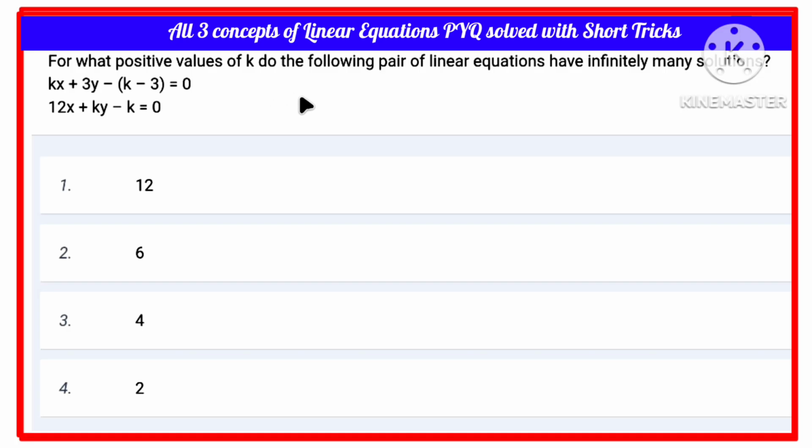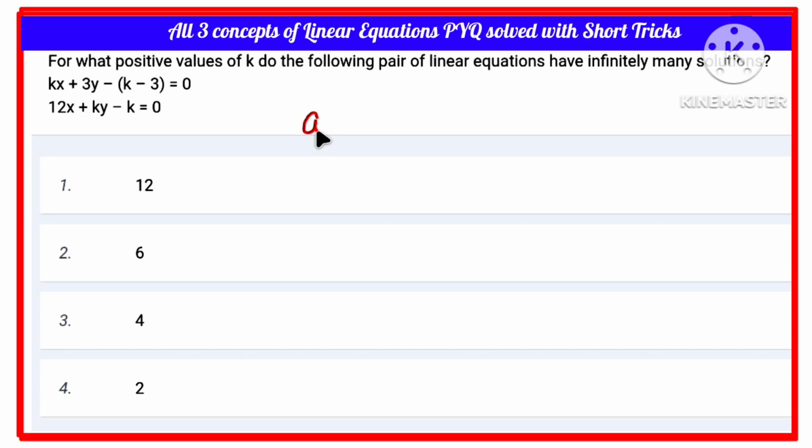In that case, if we consider two linear equations, here I am going to share with you all the three cases based on the linear equation, so that along with this question you can solve each and every question based on linear equations.